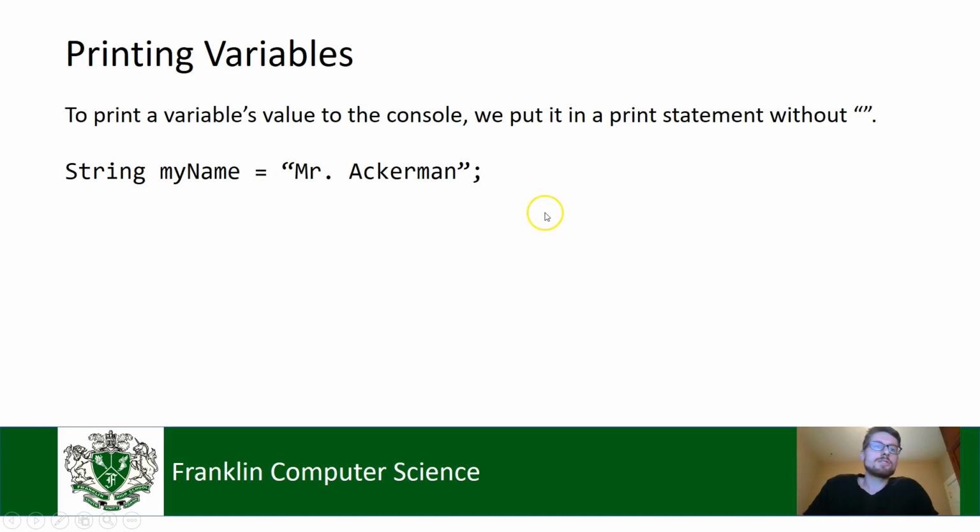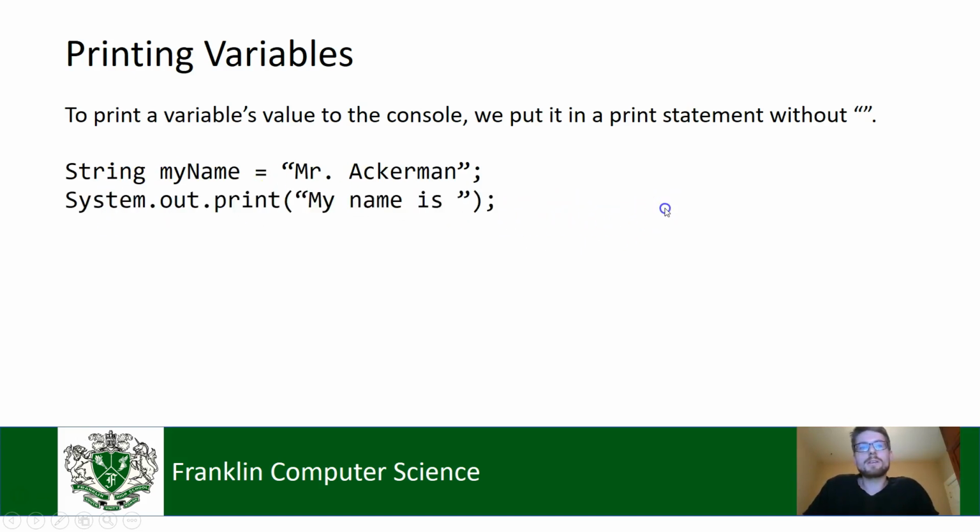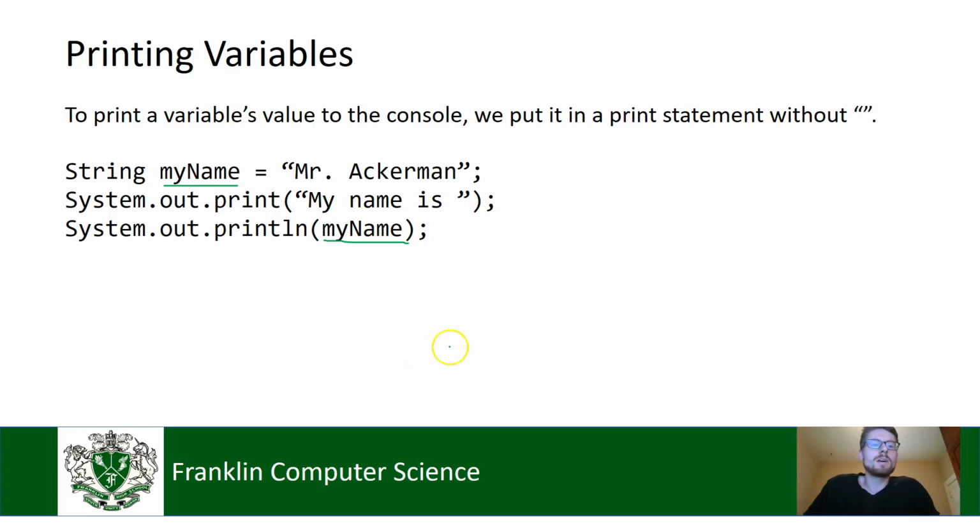So for example, I have a string, myName is Mr. Ackerman, and if I print "my name is" with a space, note this is a print statement, followed by a println with myName, which is the name of our variable. So we have myName here, which is the name of our variable. Then what do you think is going to print out?